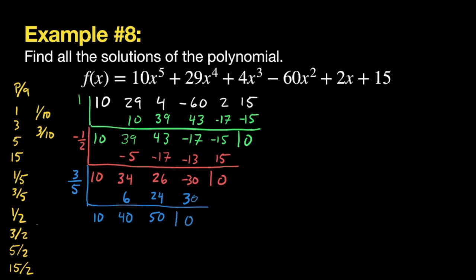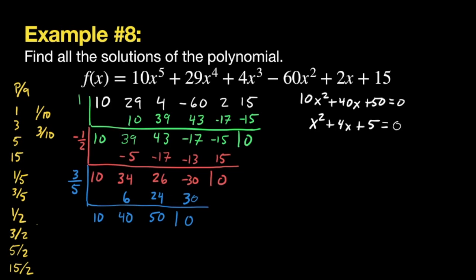So now that we are there, we can actually write this in standard form. So we can rewrite this as 10x to the second plus 40x plus 50 is equal to 0. Now, these are very large numbers, so one trick that we can use is divide everything by 10. So that gives us x to the second plus 4x plus 5. We know that 0 divided by 10 gives us 0.